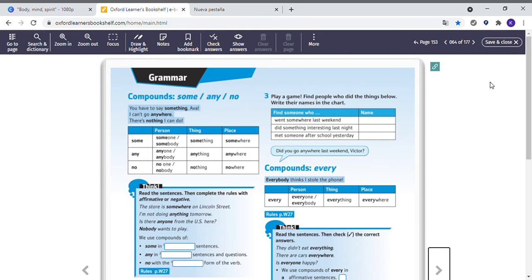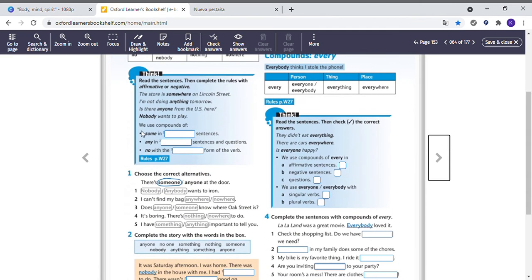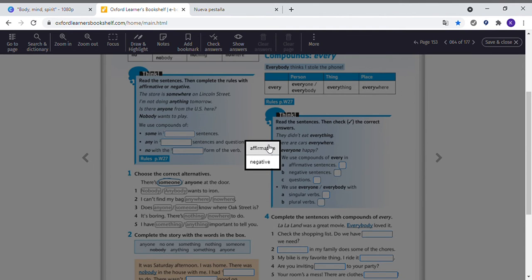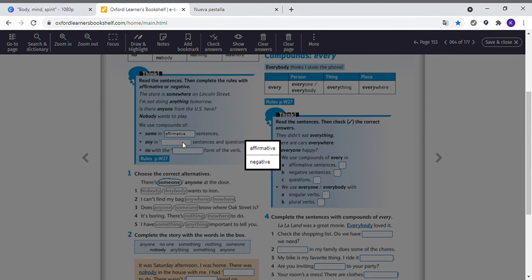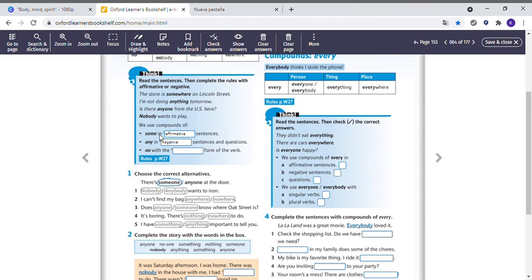So please be careful with this. We have some rules here. We're going to complete them.